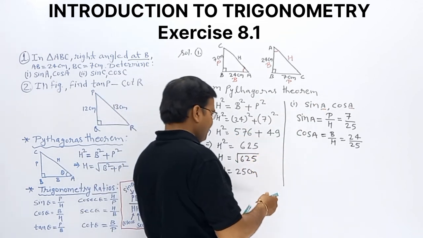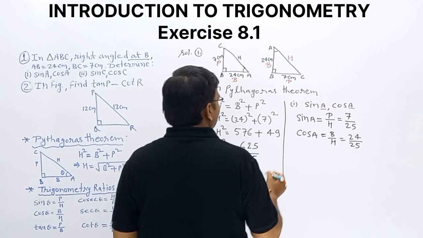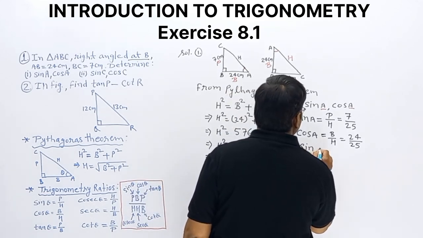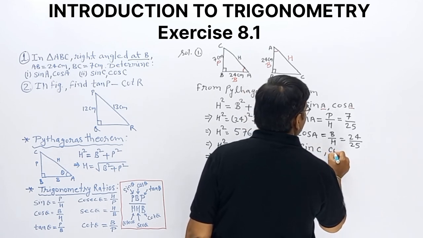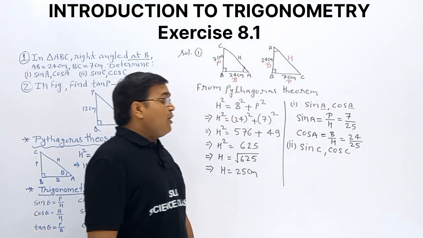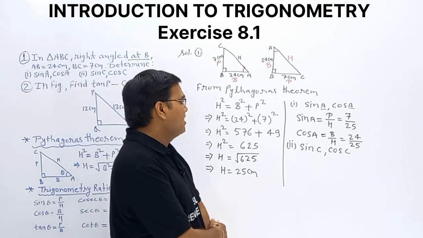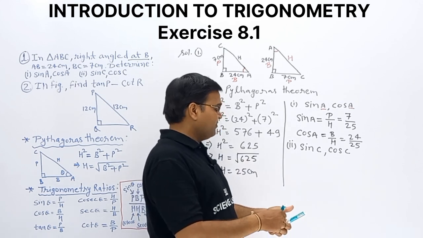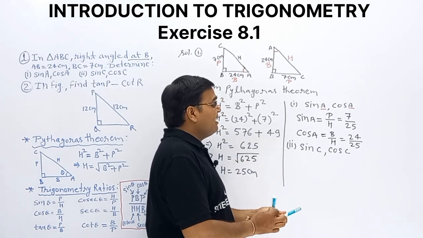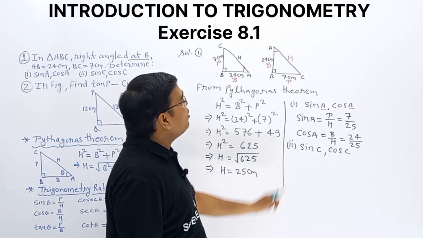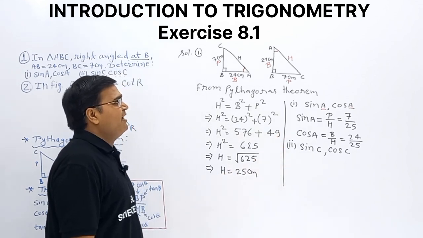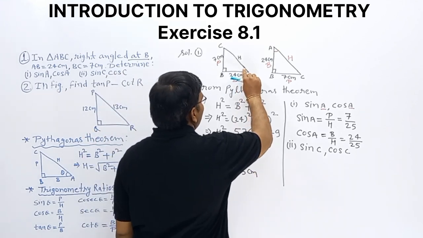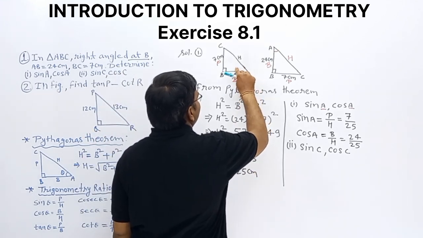Clear? Now the second one. Second one is what? Second one is sin C, cos C. Now angle of reference is changed. In the first one, the angle of reference is A. But in the second one, the angle of reference is C. It means this angle of reference is going to be changed.